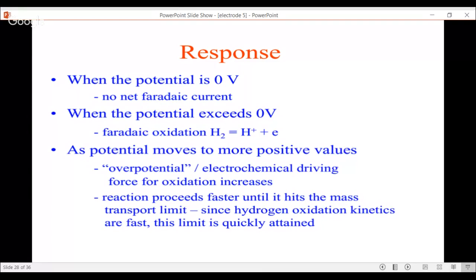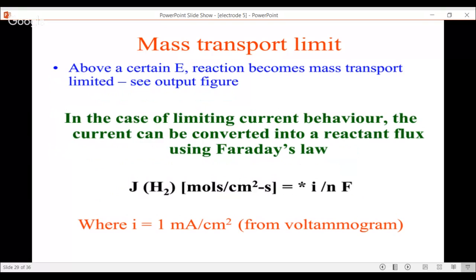But in the case of other species, for example, cadmium ion getting discharged, it will take a certain potential. So above a certain E, the reaction becomes mass transport limited. We have already seen this. That is what is called the limiting current. In the case of limiting current behavior, the current can be converted into a reactant flux using Faraday's law.